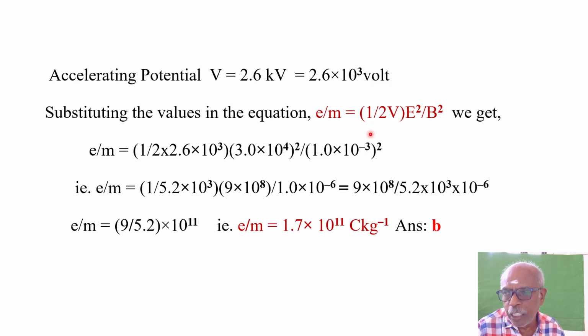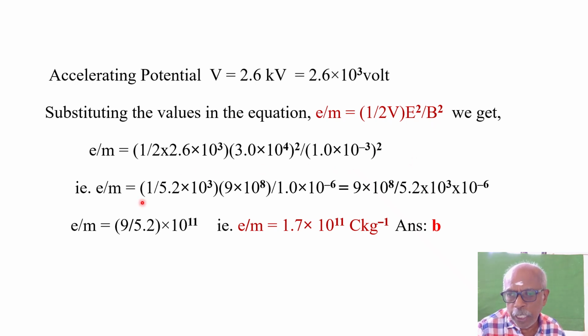So substituting the values in the equation. The equation has been already given in the previous slide. e/m is equal to 1/(2V) × E²/B². So we get e/m is equal to 1/(2 × 2.6 × 10^3) × (3 × 10^4)² / (1 × 10^-3)².